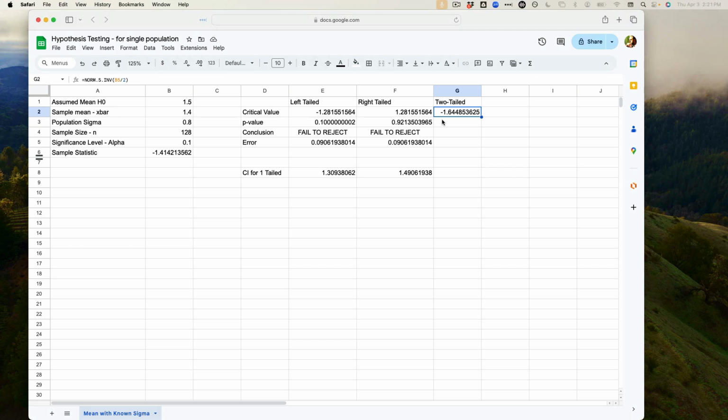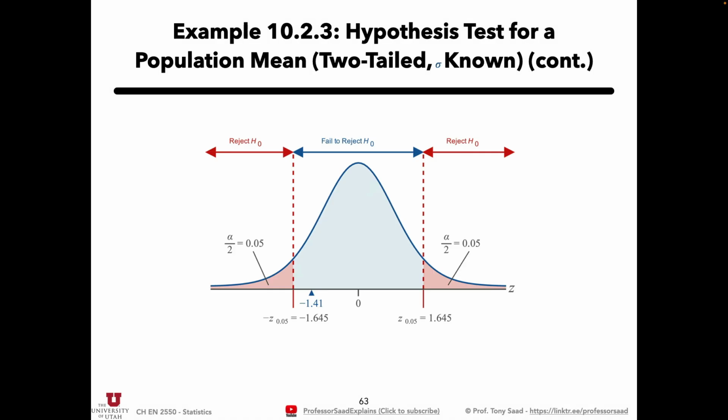So now for the z values, for the p-value, we need to add up the area to the left of this guy and the area to the right of this guy, right? Or the area to the left of this negative value and the area to the right of its positive version. So again, let me show you in the keynote what this looks like.